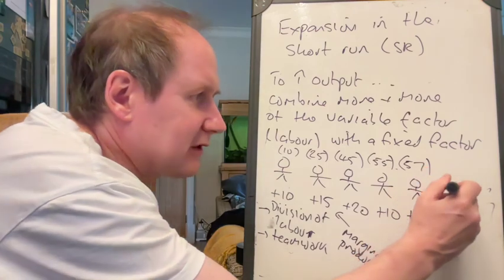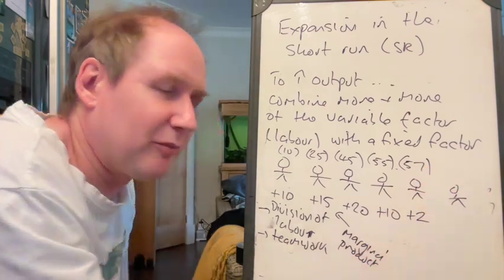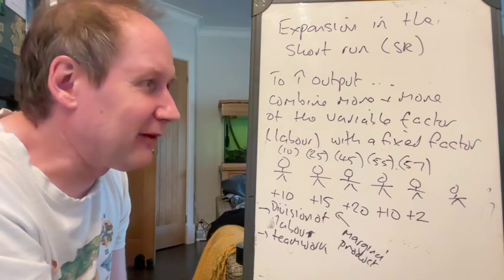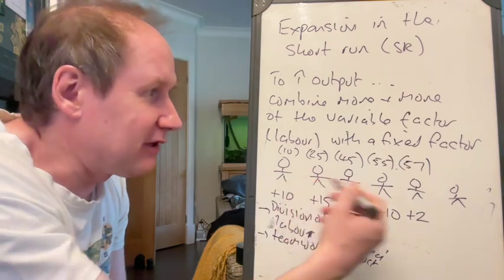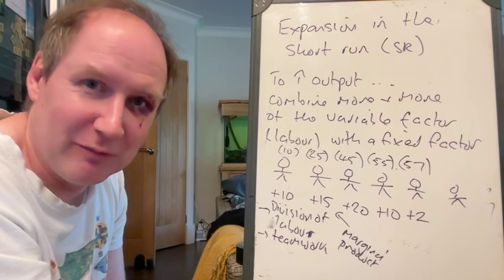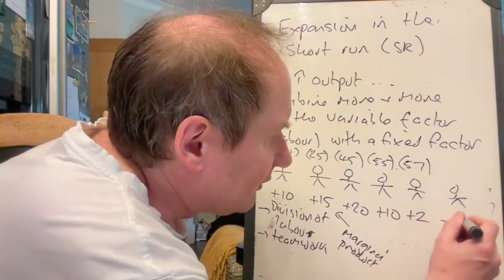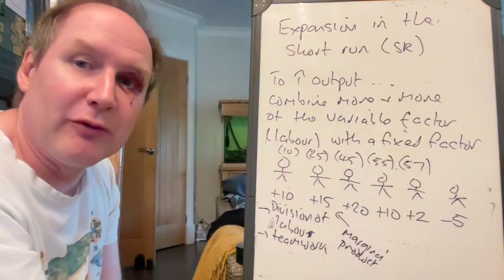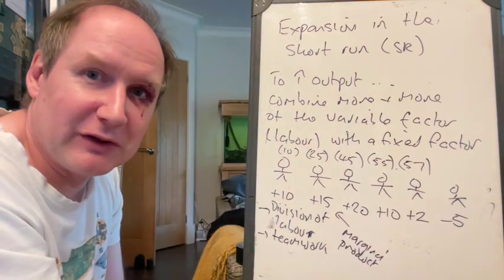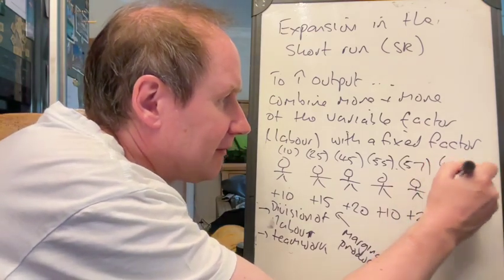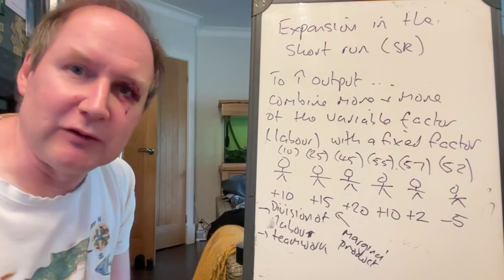And finally, we add this sixth worker, and they're a total pain. They just get in the way. Rather than adding to output, they stop these people from being able to do their jobs properly. And actually output falls. Their marginal product is -5, and total output falls from 57 to 52.